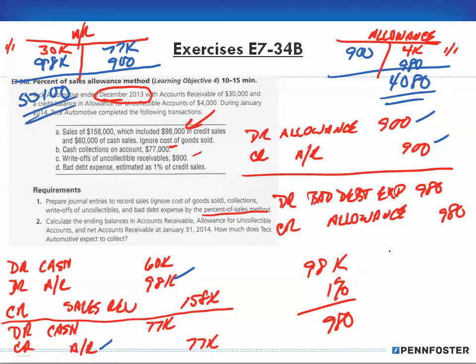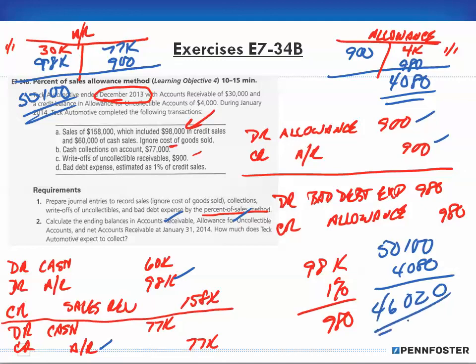Okay, so that's the ending balance of my accounts receivable and the ending balance of my allowance, and now my net receivable is the 50,100 less the 4,080, which is $46,020. It's the difference between both of those.